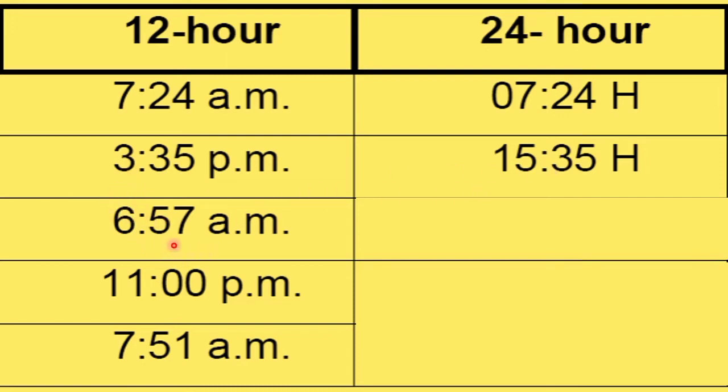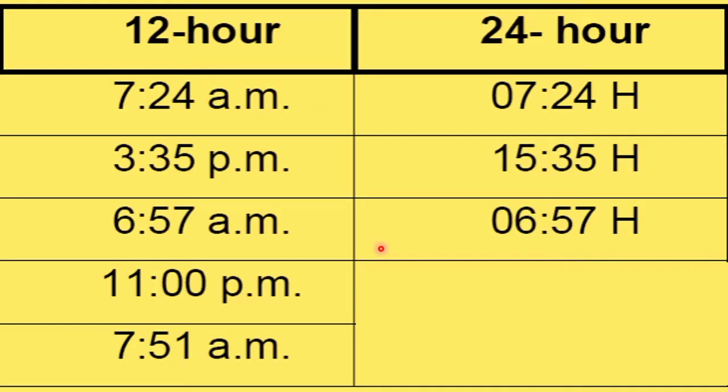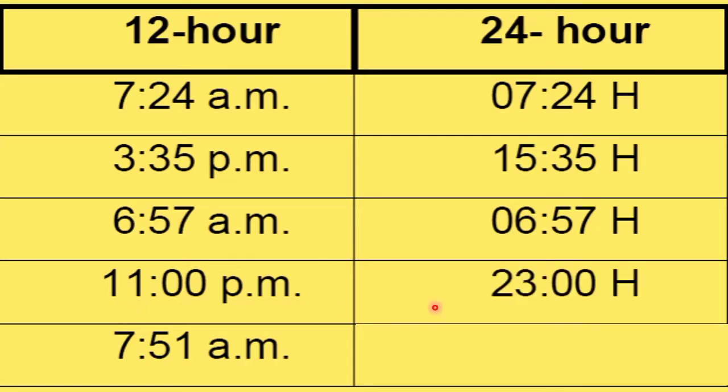Next is 6:57 a.m. Its equivalent is, yes, 06:57 hours. So, kinopya lang natin as it is and then nag-add lang tayo ng 0 dun sa unahan. The next one is 11 p.m. Its equivalent is, yes, 2300 hours.